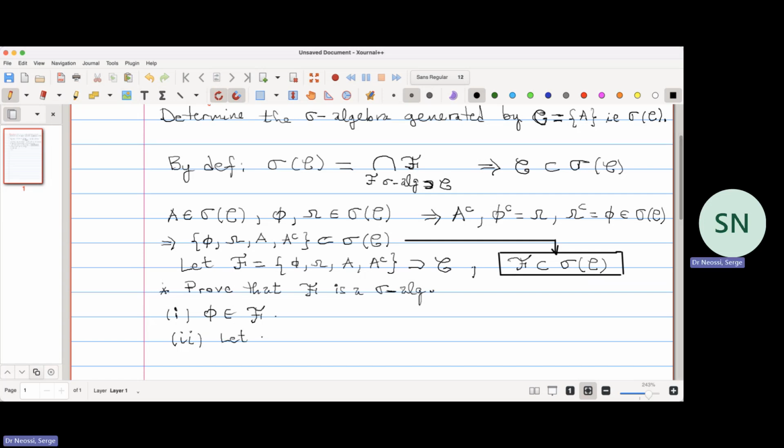Now, the second axiom. Let B be an element of the sigma algebra. So B can be any of these elements.